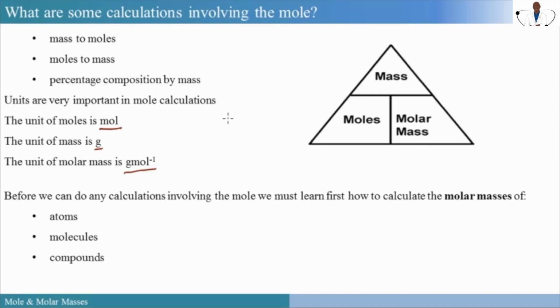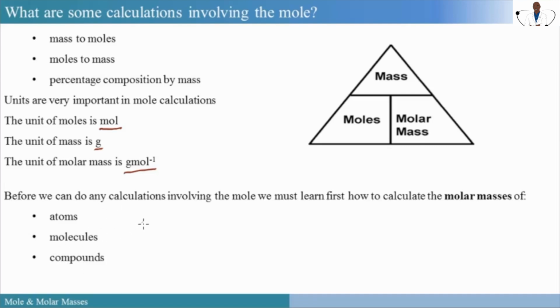Now that we understand the mole and we know the definition of the molar mass, let us look at what is the molar mass in terms of its calculation. So what is the molar mass of a particular atom? What is the molar mass of molecules? And what is the molar mass of a certain compound?